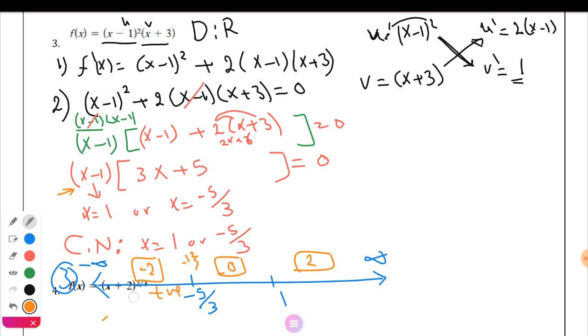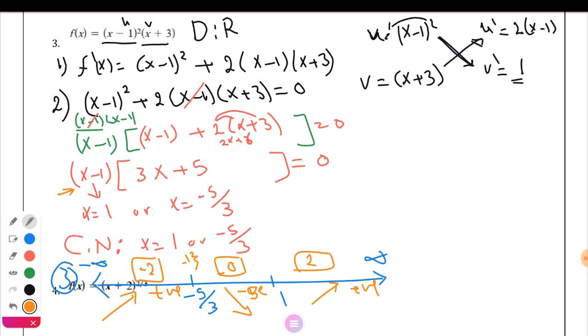So the function is what? Increase. I replace here 0, it will be negative. Okay, decrease. I replace here, positive, positive, it will be positive. So the function is what? Increase. Clear or not clear?